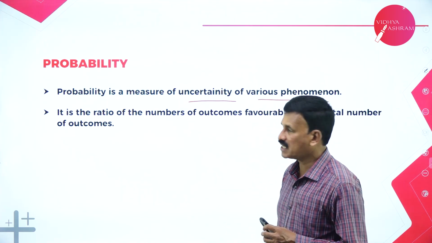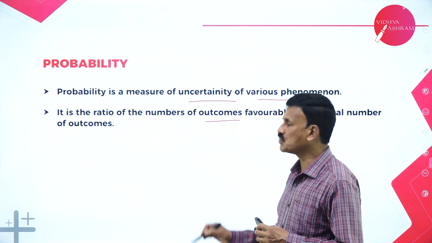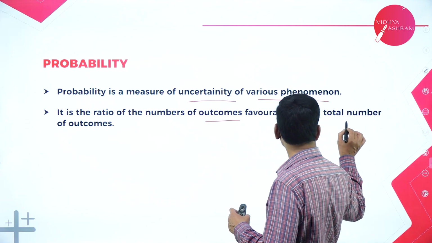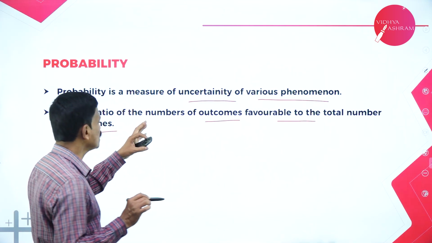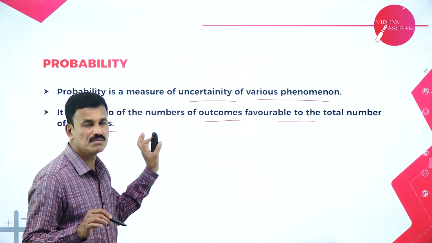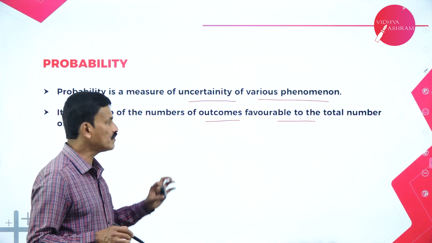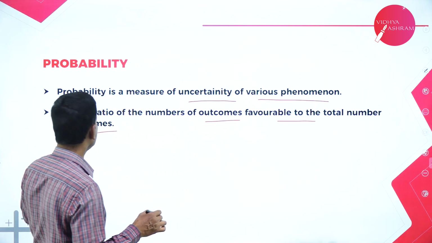It is defined as the ratio of the number of outcomes favorable to the total number of outcomes.